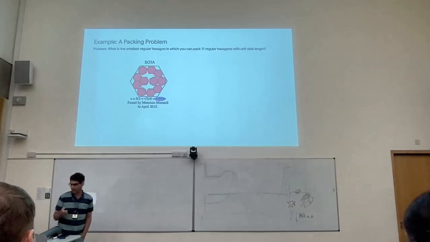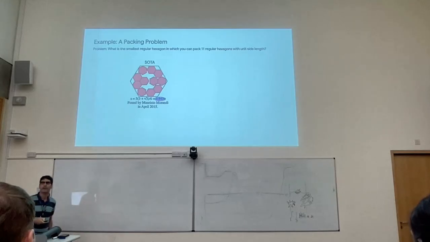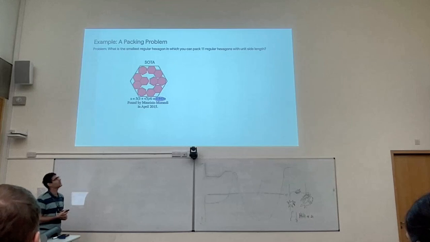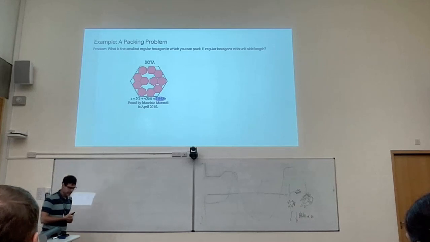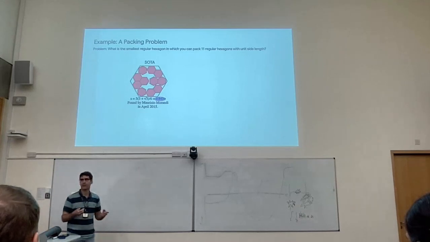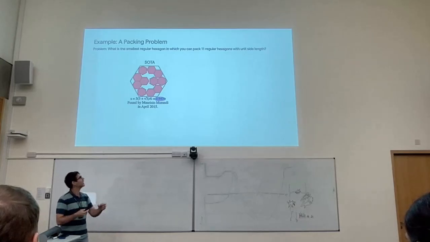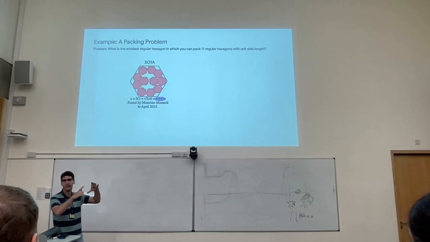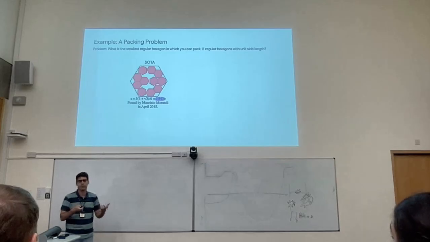We give the same problem to AlphaEvolve. It writes code that packs 11 hexagons into a bigger one. The evaluate function only makes sure there's no overlapping of the hexagons, and then measures the smallest convex hexagon that you can fit around them, and that's the score, which you want to minimize.